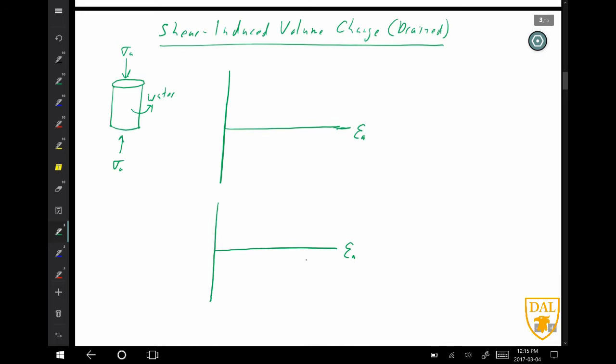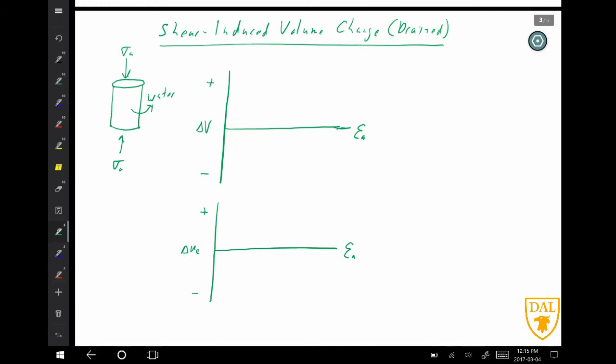And we'll make the top plot change in volume, where positive change in volume, in this case we'll say is expansion. And the bottom negative will be compression. Okay, and the other plot below it will have change in excess pore pressure, positive and negative.